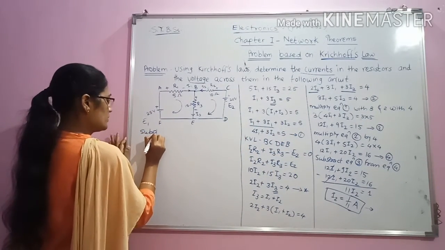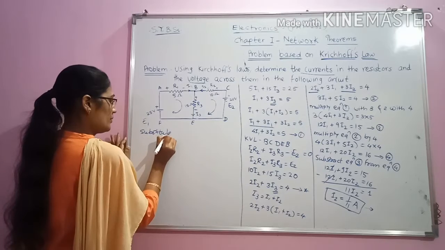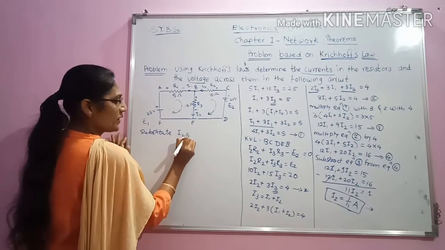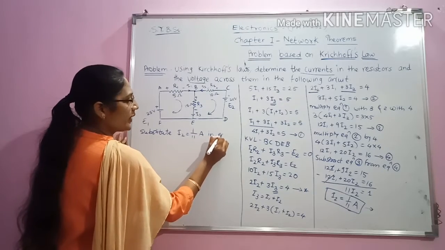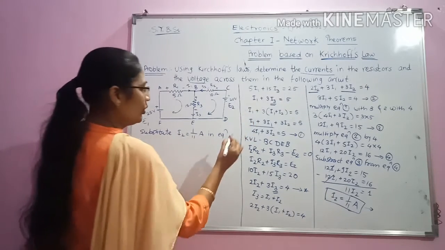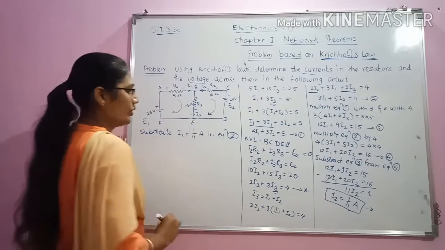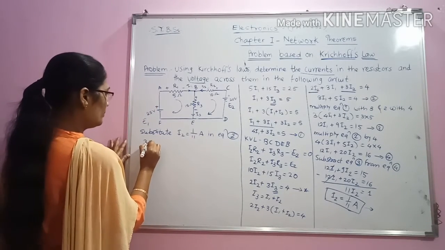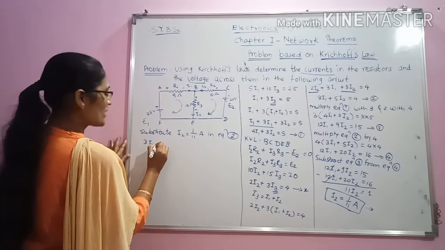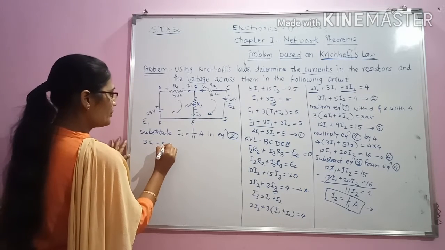Substitute I2 is equal to 1 upon 11 ampere in equation 2. So what will we get?